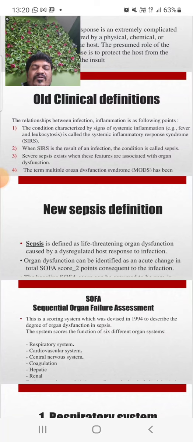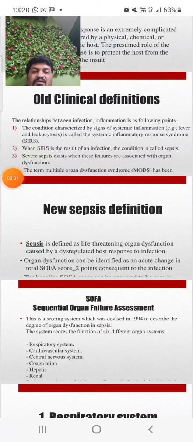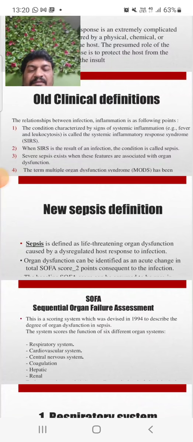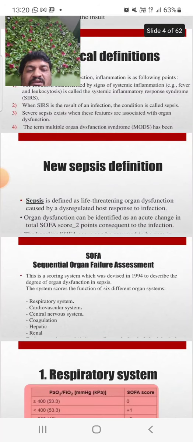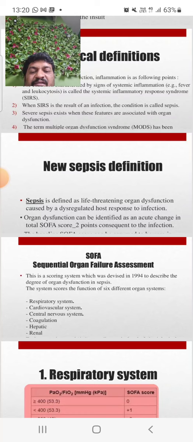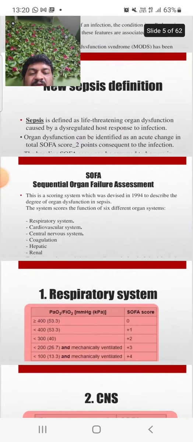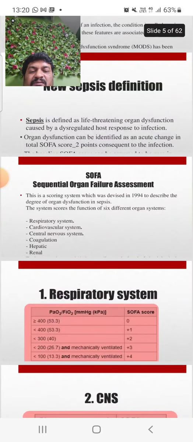I am going to tell you all of them: respiratory system, cardiovascular system, central nervous system, coagulation, hepatic, and renal. So, in SOFA, there are 6 different organ systems which we have already read: respiratory, cardiovascular, central nervous, coagulation, hepatic, and renal.